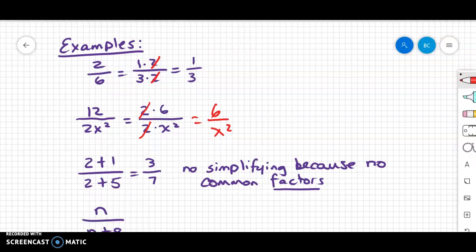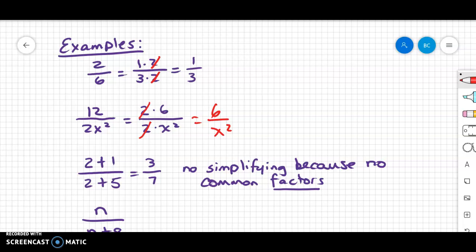Just to point out the obvious, sometimes when we start working with variables we forget the basics. If I had something like 2 plus 1 over 2 plus 5, with a lot of variables in there, I would see students canceling the 2's. But we can only cancel factors, we can't cancel terms.